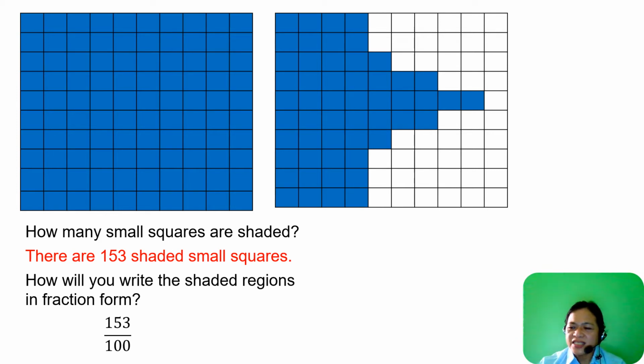Okay? Just like adding fractions, we only add the numerators and just copy the common denominators. That is why we cannot write the fractional part as 153 over 200.